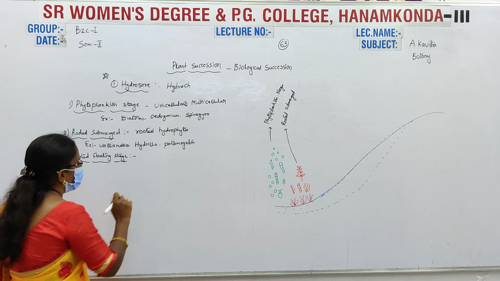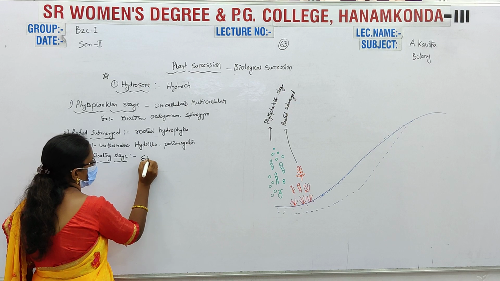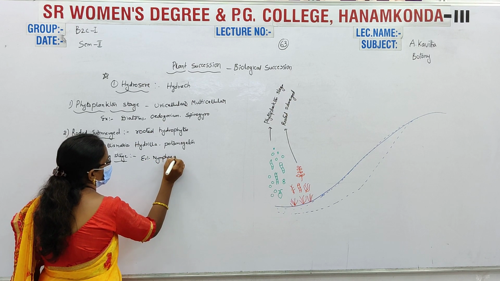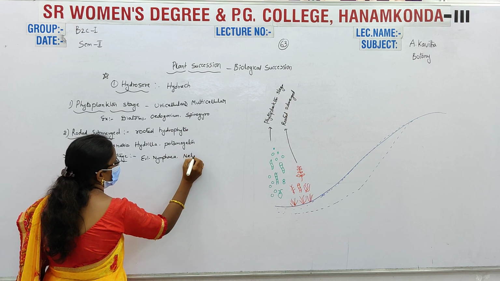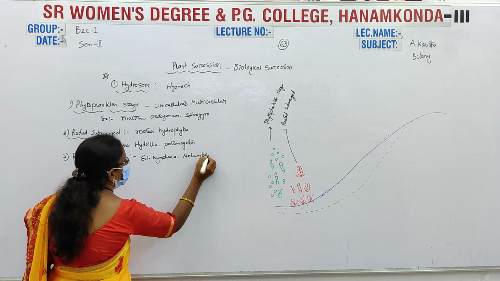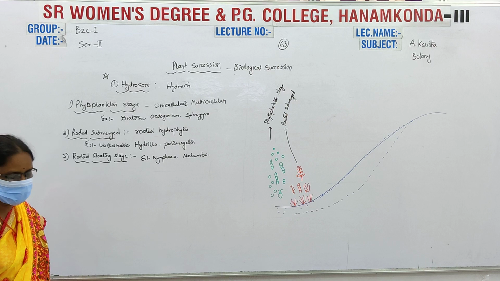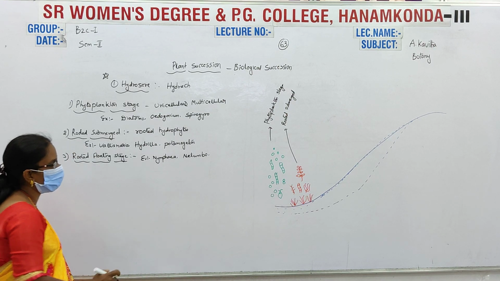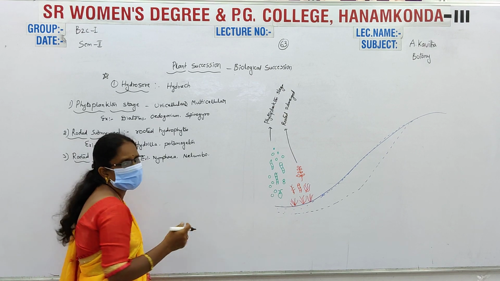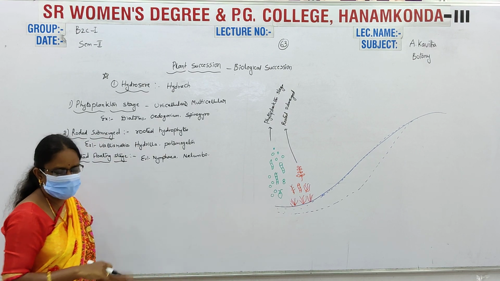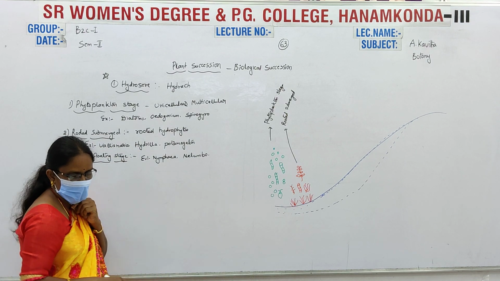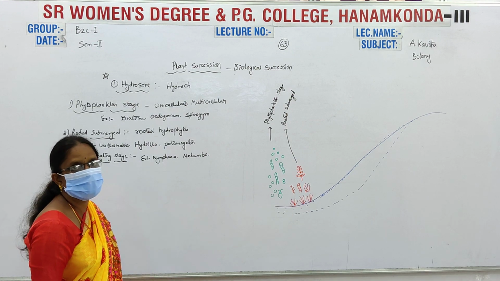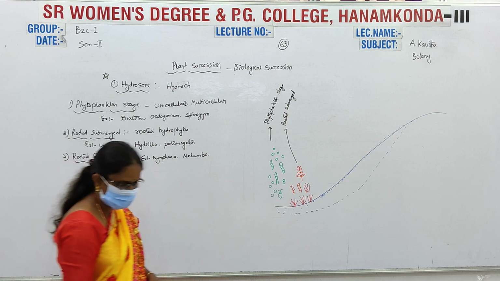For example, Nymphaea, Nelumbo, which are called water lilies or lotus. Also Lemna. These are the examples of the rooted floating stage. This stage is called the rooted floating stage.